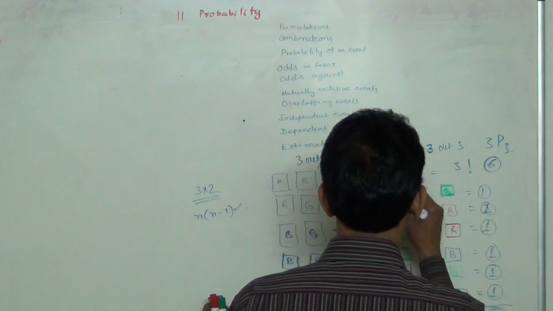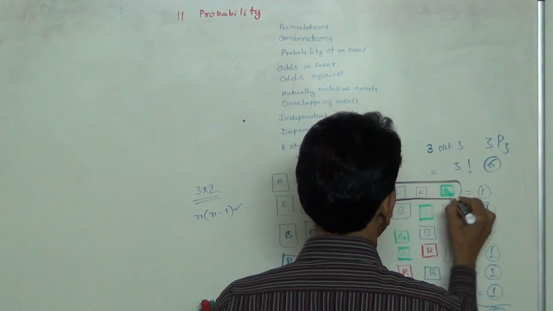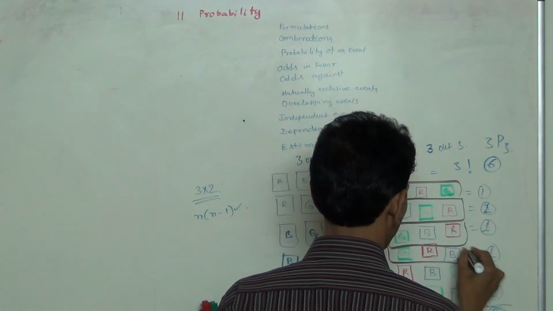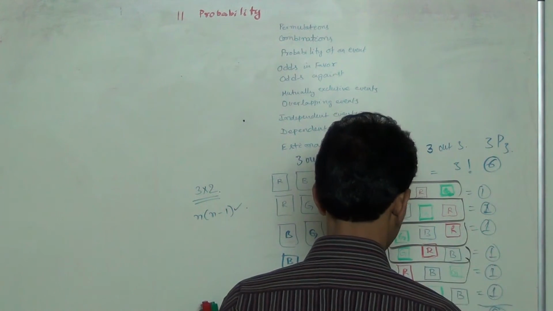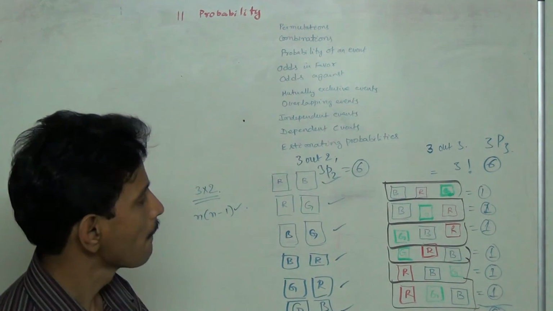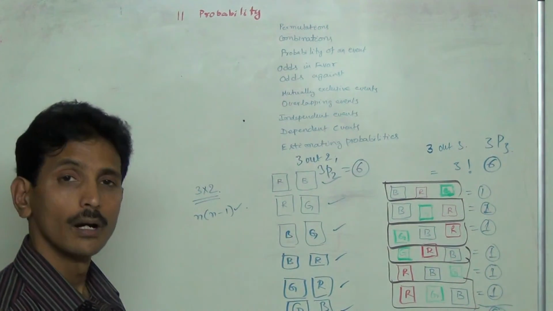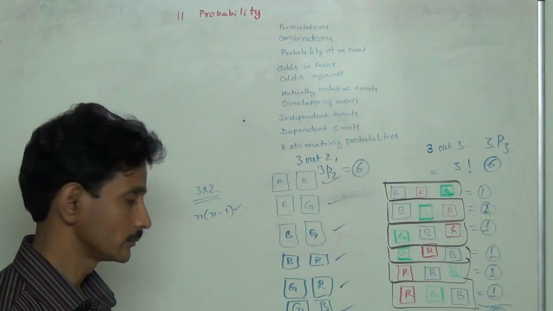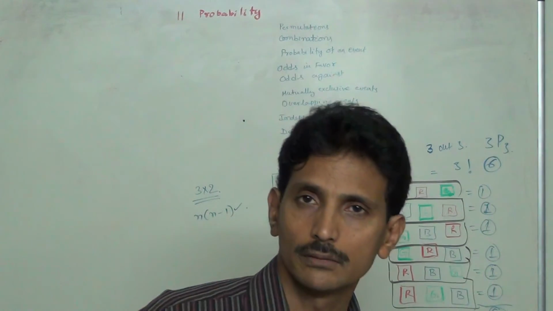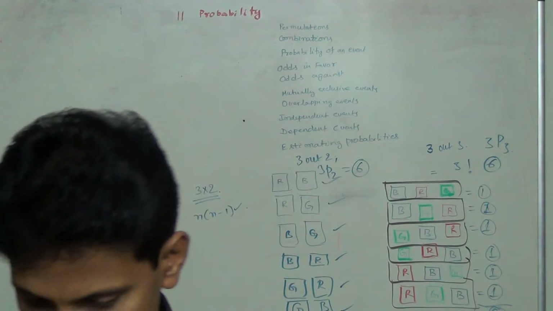So these are the permutations. And this is another group. Total 6 groups according to the order. So this is the permutations of three items.